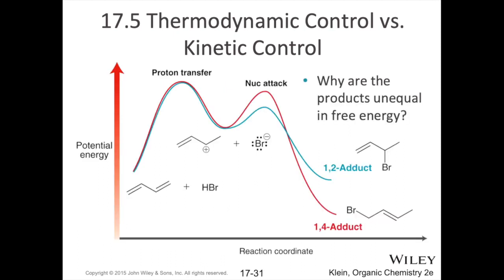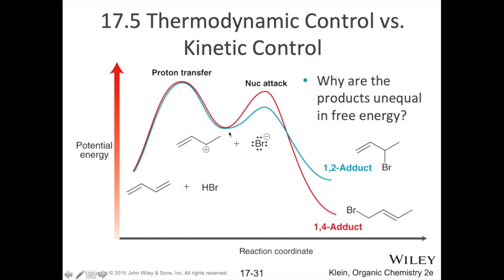Okay, so the first proton transfer is identical for both products. We do that proton transfer, we form that initial carbocation. In the case of the 1,2 adduct, you do a nucleophilic attack on that number 2 site.